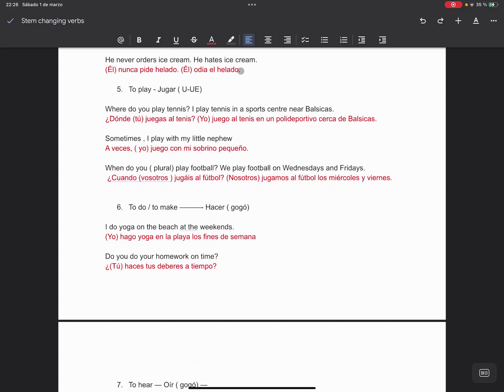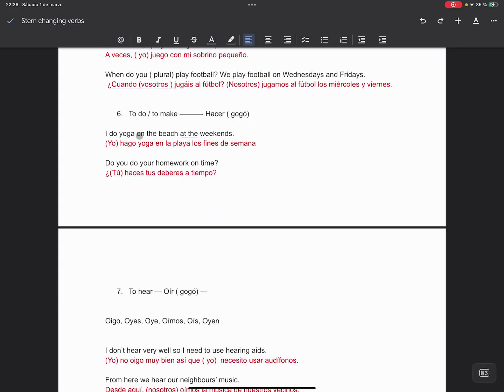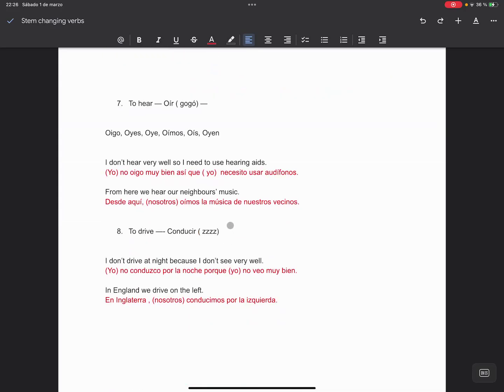The only verb where the U becomes a UE is the verb to play, jugar. A couple of verbs where the first person single, yo, needs an extra G, so go verbs, and also one Z verb. So it needs an extra Z, first person single, yo.